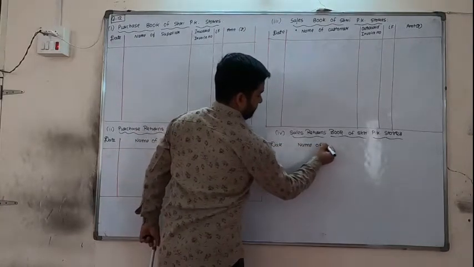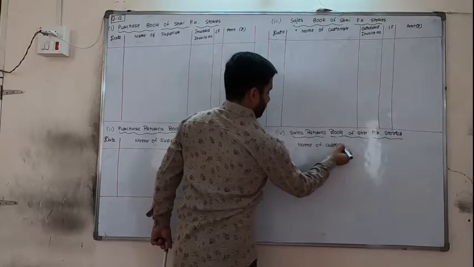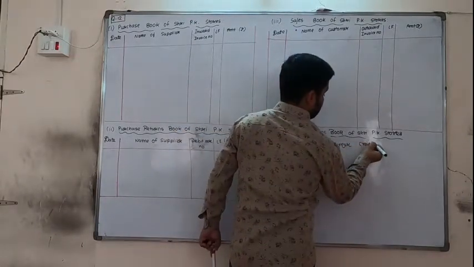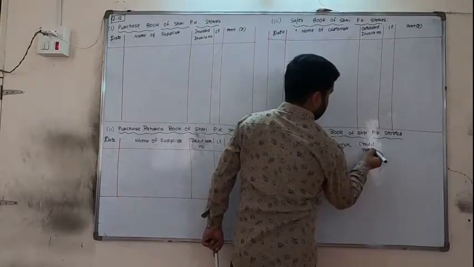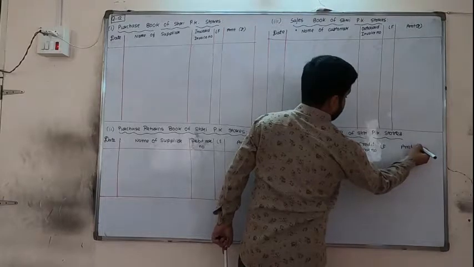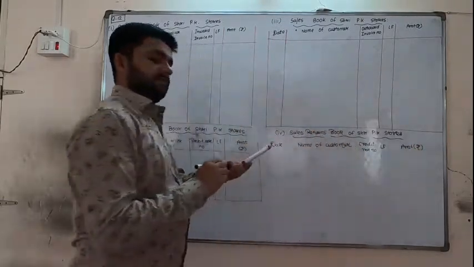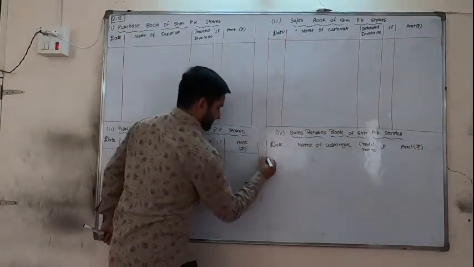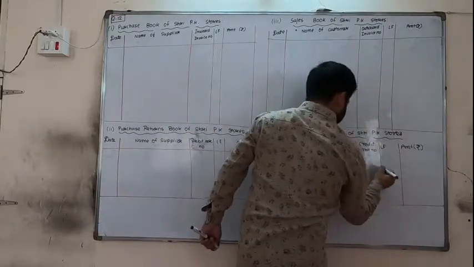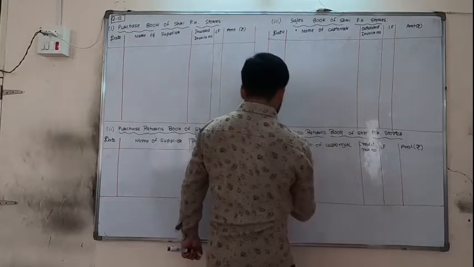Date, name of customer, credit note number, LF, amount in rupees. This you will draw for 5 lines. So the drawing work is over now.